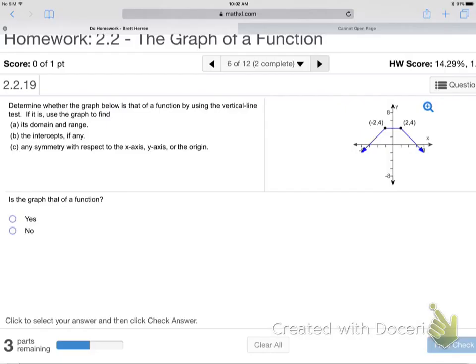Maybe this one has a little bit of interest to it. So try that one. Start with the domain.